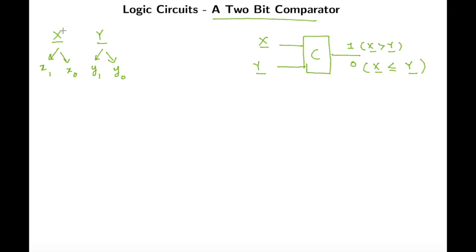It's not a vector here, but I put an underline just to distinguish between bits and a bit string or a full number.